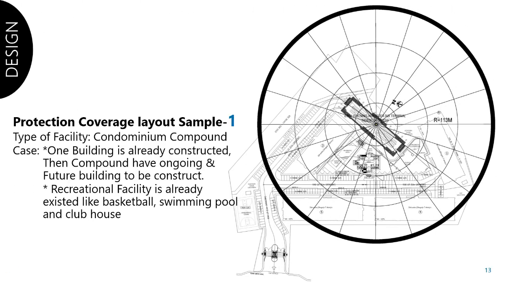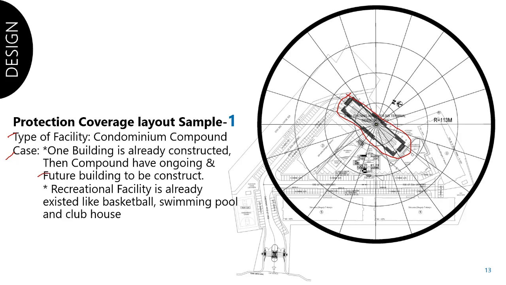Protection coverage. So let's go for the type of facility. I define here the type of facility and its case. The type of facility is a condominium compound. One building is already constructed here, this one, but not occupied. Actually, I think it was not occupied at the time we were building it, but now it is already occupied.